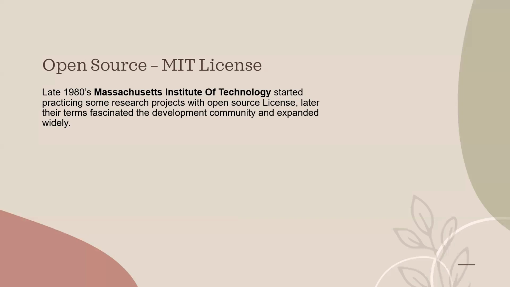This MIT license was widely accepted and it fascinated many development agencies and companies. So it became popular and now the new horizon of MIT-based open source licenses has been practiced.